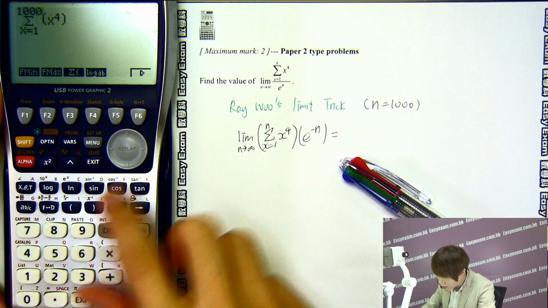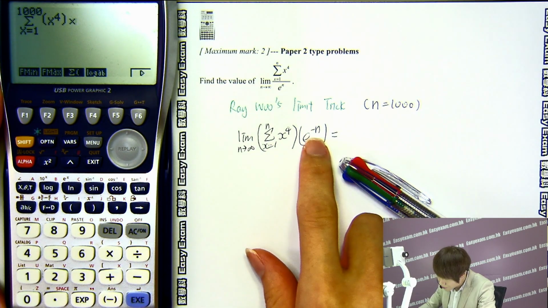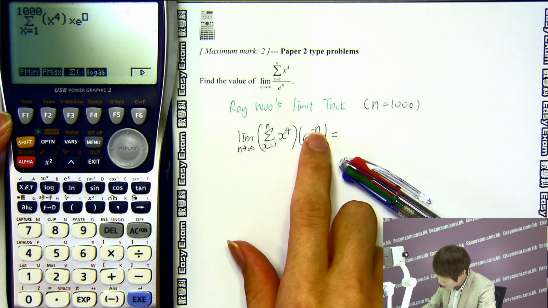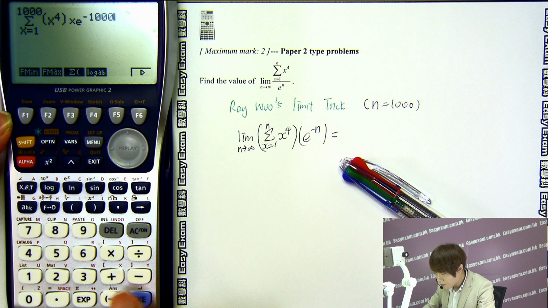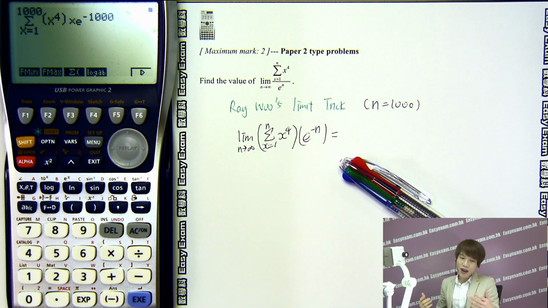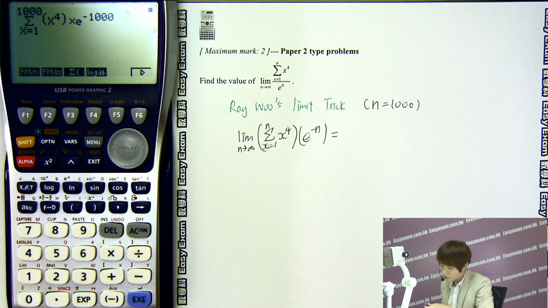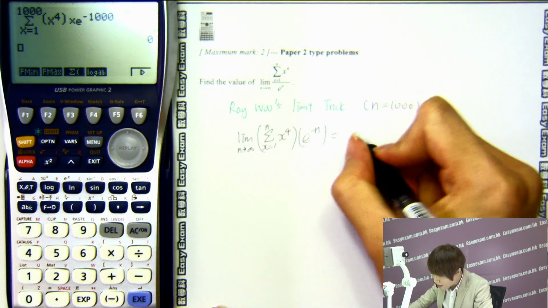So input 1,000 here. And then times shift ln for e and then minus n, and of course n equal to 1,000, so minus 1,000, okay? So execute, and you just wait for a few seconds, and you can get your answer. So it will be equal to 0, and that is what we want.